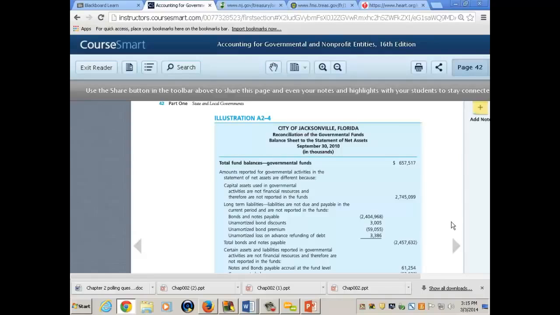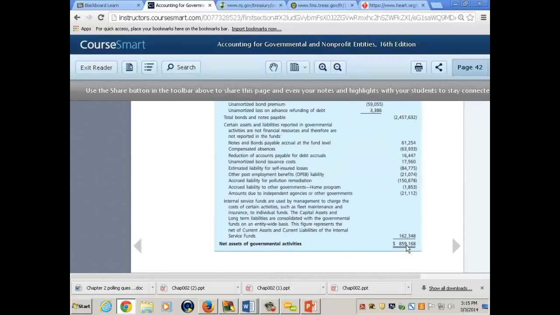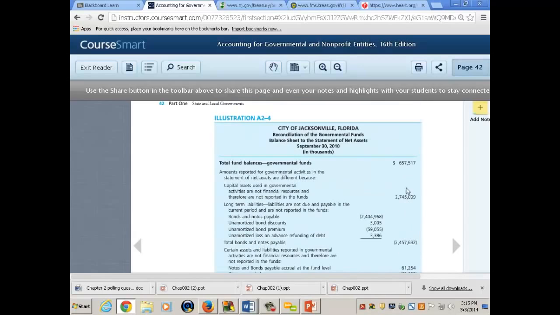My fund balance is different from my net assets. There's got to be a way to tie those numbers. Well, there's a reconciliation that's done to tie the fund balance to the net position, the two different bottom lines. This is the net asset number in the statement of net assets, and this is from the balance sheet itself. And this reconciliation is done to bring those two numbers together.